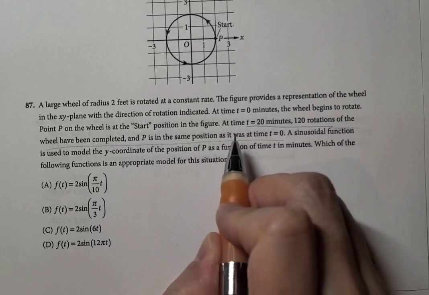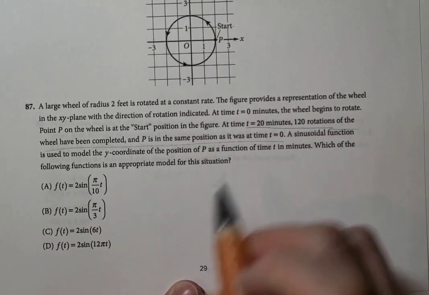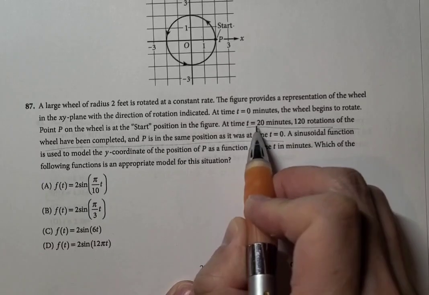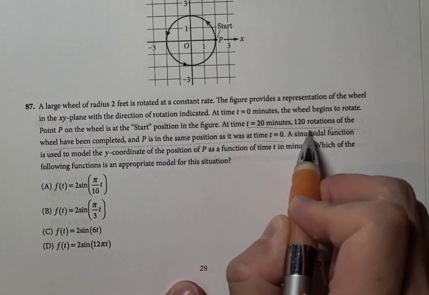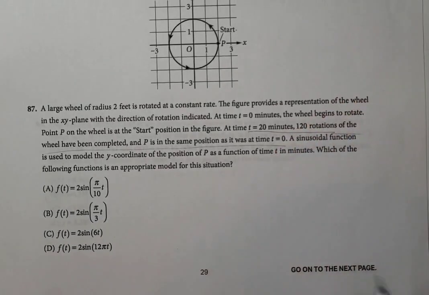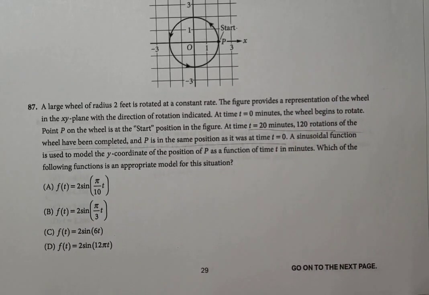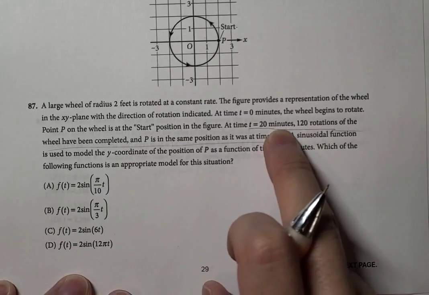As I was saying, we want the period. How do we do that? Well, at time t is 20, 120 rotations have been completed. So we can get the period from here. Period is in terms of time, in this case, minutes.